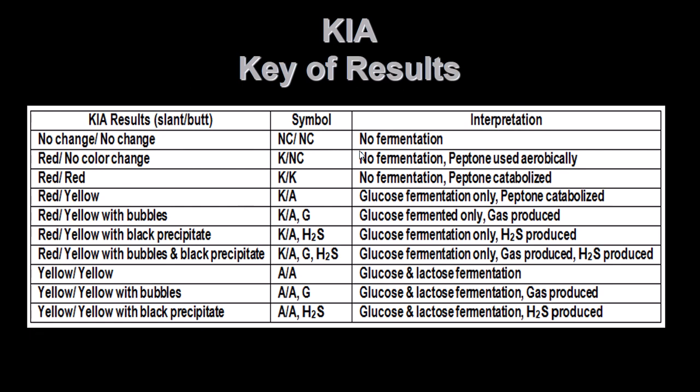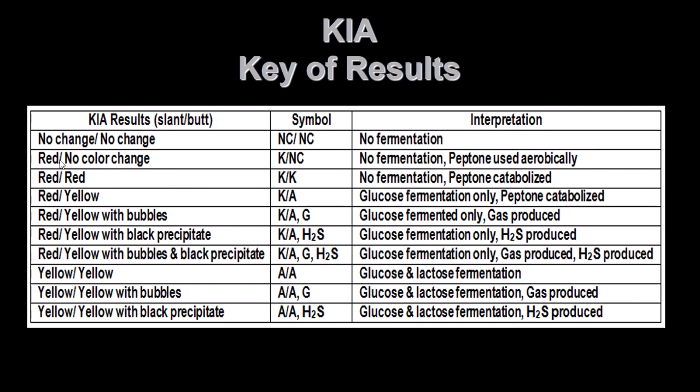The changes that we could see in these tubes are at the slant and the bottom. In the bottom we look for fermentation, and the top is mainly for oxidation. So when there is no change over no change, it means no fermentation at all and no oxidation, so it's an inert type of bacteria.